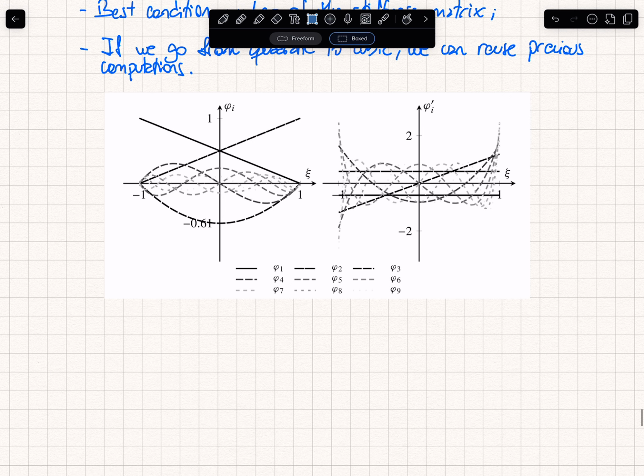so how do we use this? Now that we have the basis that we're going to use, we just simply need to write our approximation, right?